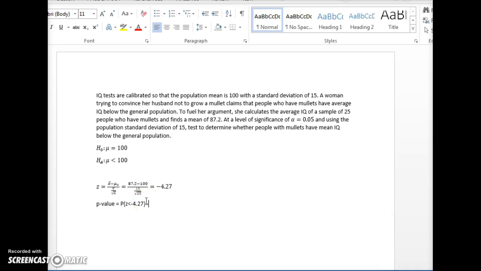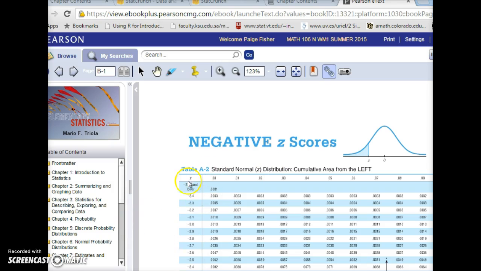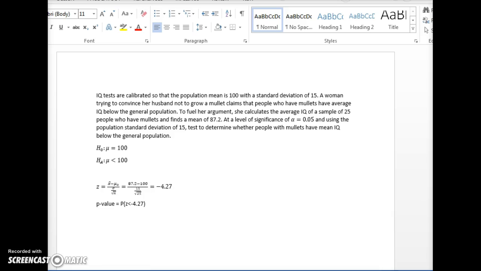We're going to find a Z that is negative 4.27, the closest to that. But if you notice, it says negative 3.50 and lower is 0.0001. So we're just going to use 0.0001. So the p-value equals 0.0001.